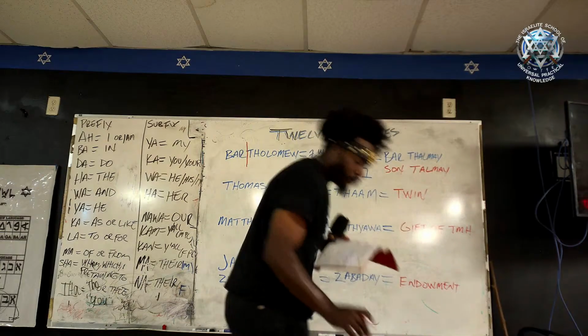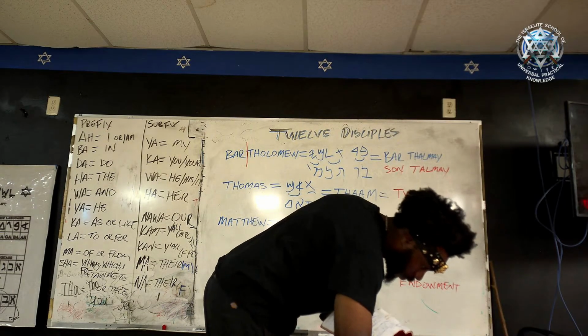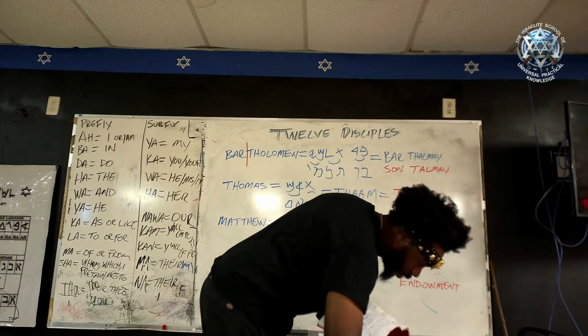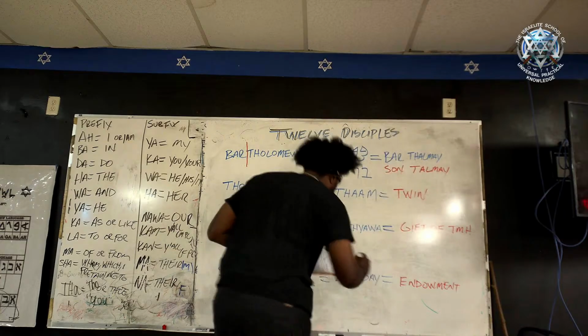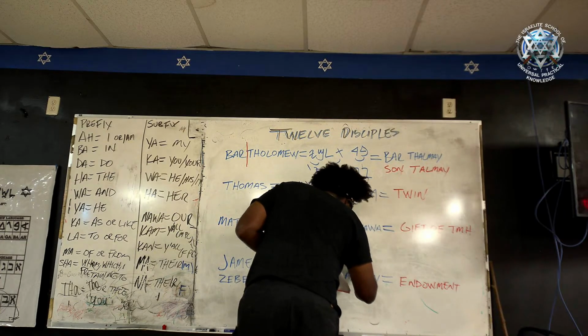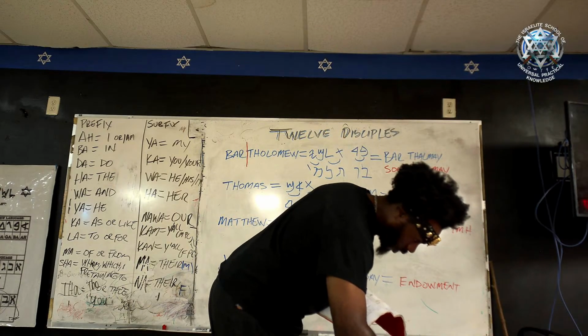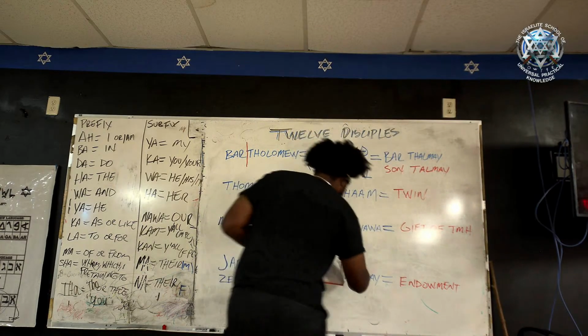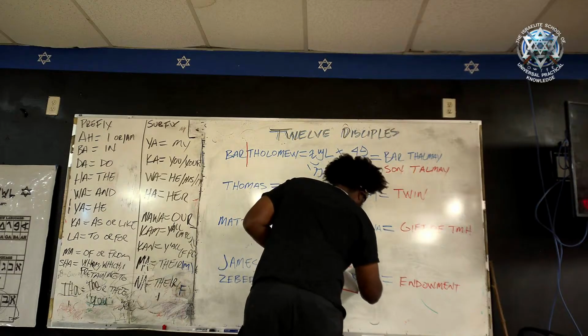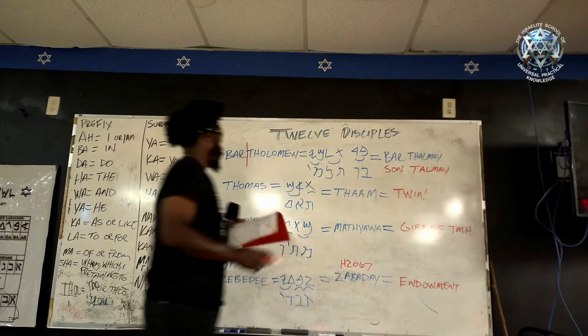Right? And to give you the Strong's Concordance number for his, so you can look up and see that James of Zebedee was a Benjamite. Strong's Concordance number to look up his family pedigree is H2067, right?